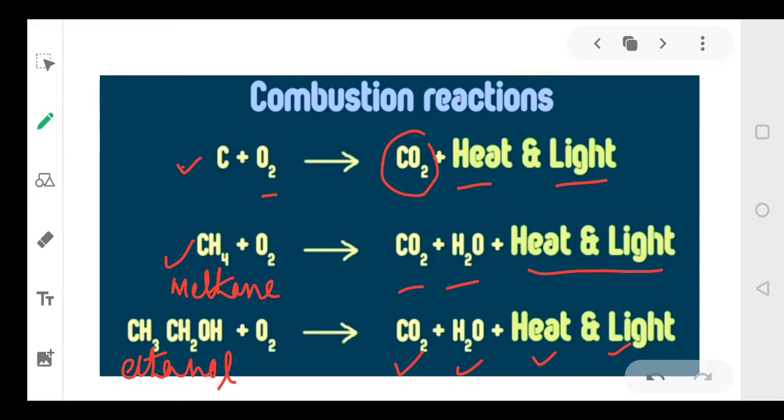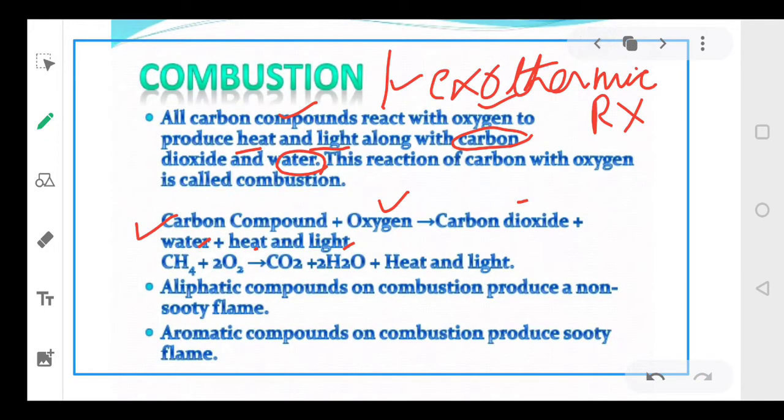Now dear students, if you look at all the reactions, there is one thing common in every reaction. Can you tell me? Heat and light. In all reactions, heat and light energy is produced. That is why we call this an exothermic reaction. So carbon compounds on burning produce heat and light.